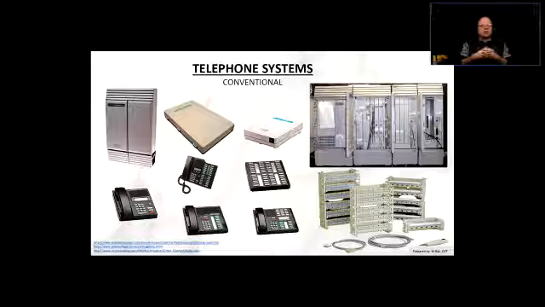You can have 200 telephone extensions coming out of this one, and a lot more lines. This is the same thing as that, but this one is open, this one is closed. And there are certain telephone sets associated with that.